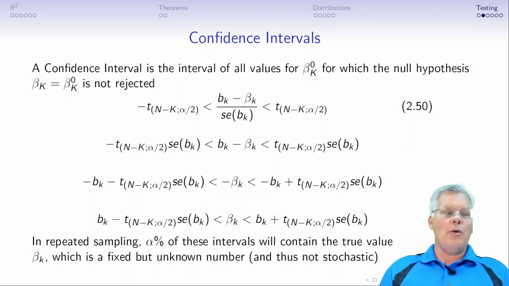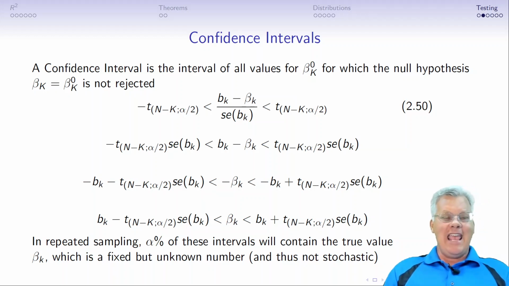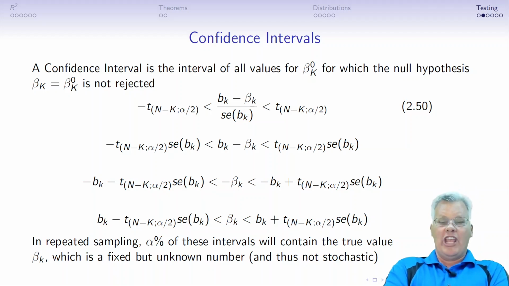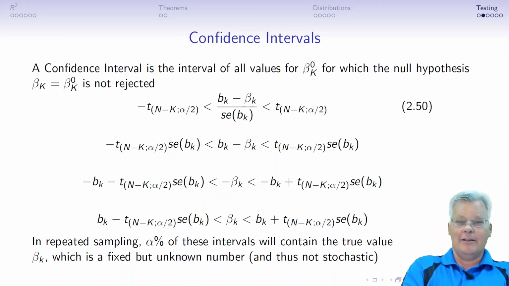So what we can say with a confidence interval, by constructing it in this manner, is that in repeated sampling, alpha percent of these intervals will contain the true value of beta sub k.